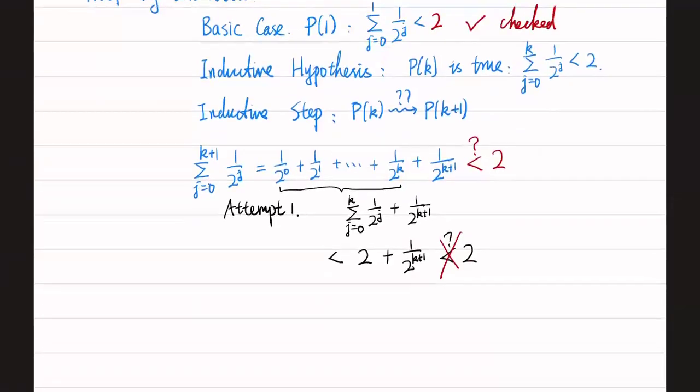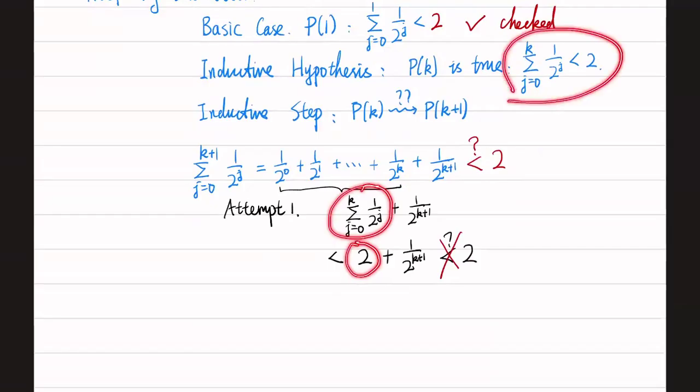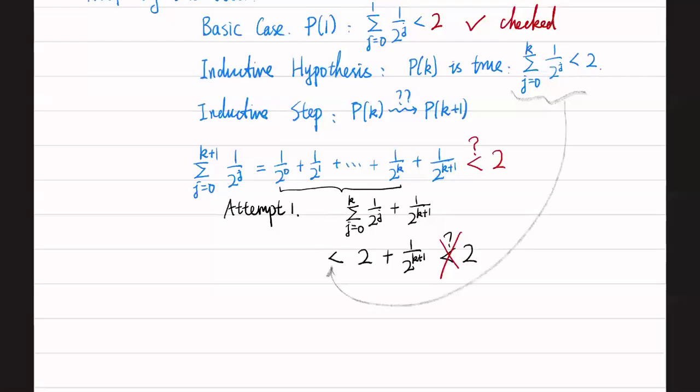The first 2, not the second one. I mean this one. Yeah, this one. Was that more than 2 or less than 2? That's the hypothesis. Oh, I see. Okay. The hypothesis was used there, but it doesn't work.